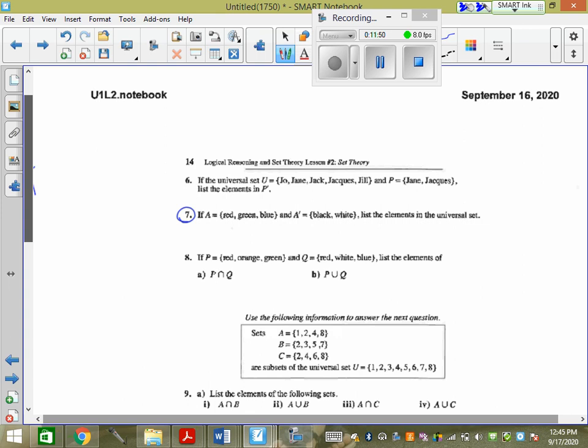What are they going to be? Red, green, blue, black, white, right, because A and the complement of A are opposites and should include everything from the universal set. The universal set includes red, green, blue, black, white.